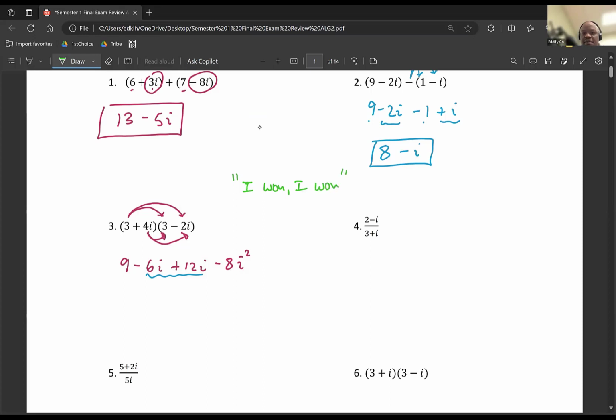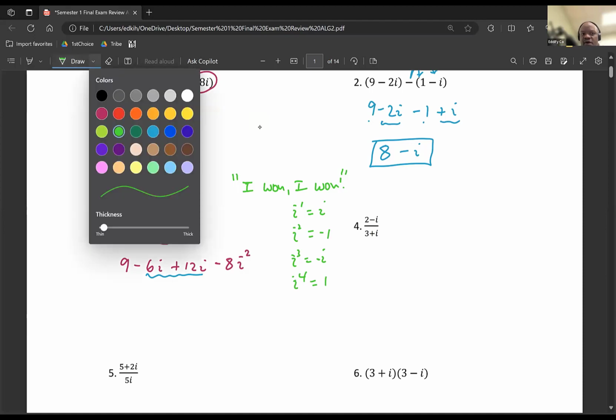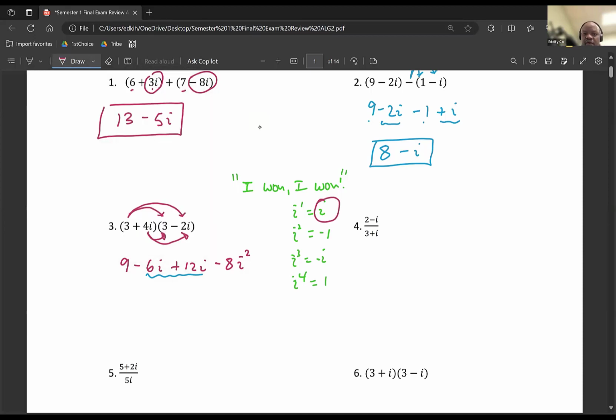And we came up with this to help us remember: i to the power of 1 is i. i to the power of 2 is negative 1. i to the power of 3 is negative i, and i to the power of 4 is 1. So where did i-one come from? It came from here. And we said we put the two negatives in the middle. So remember, these two are going to be the negatives.